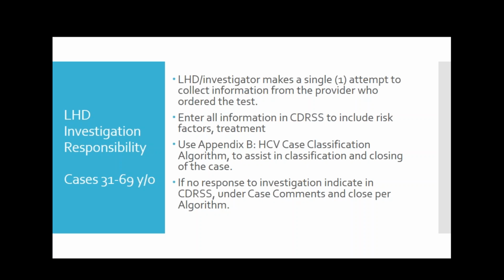The local health department or the investigator should make a single attempt to collect information from the provider who ordered the test for any case who falls within this population. All information should be entered in CDRSS as discussed before to include risk factors and treatment. Use Appendix B to assist in classification and closing of the case. If no response, please indicate in CDRSS in the case comments and close per the algorithm.